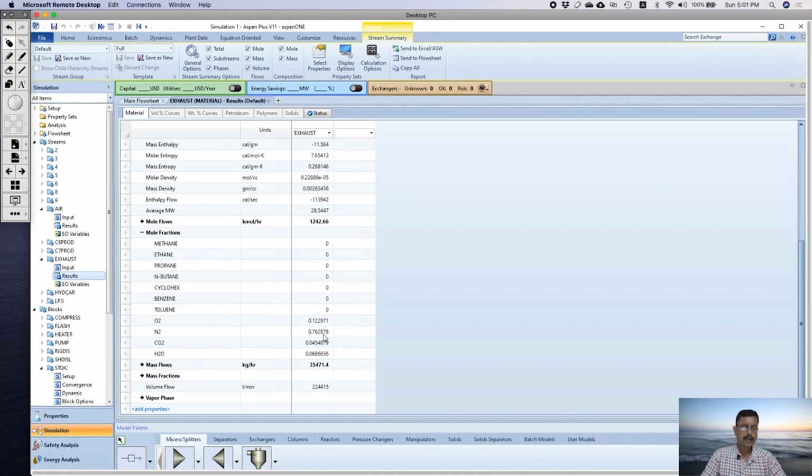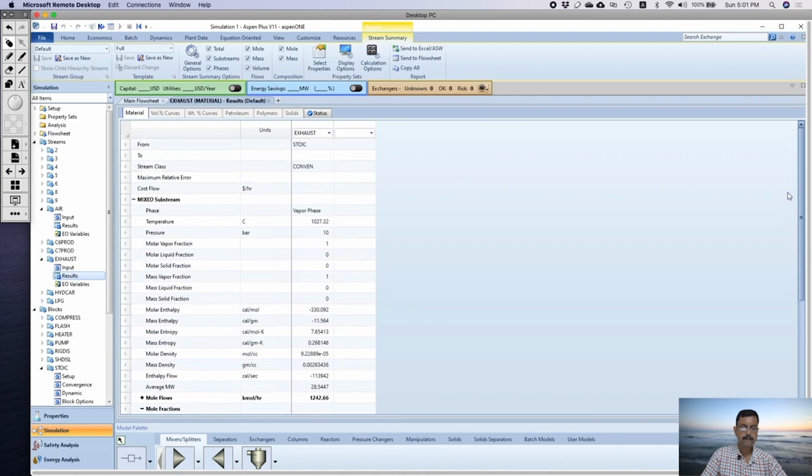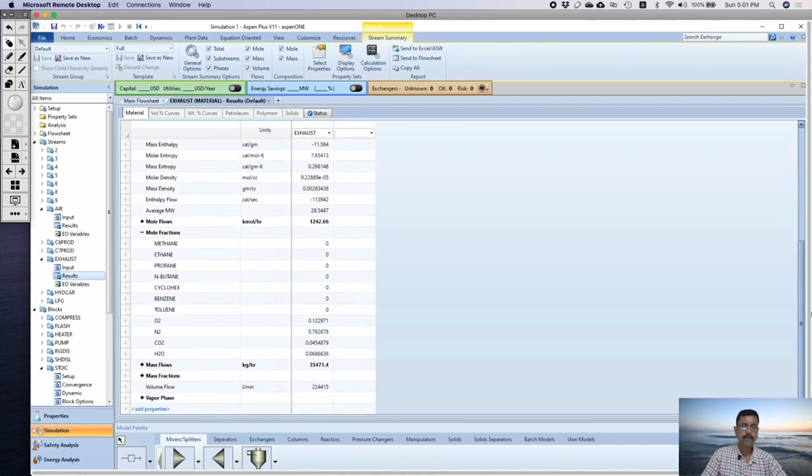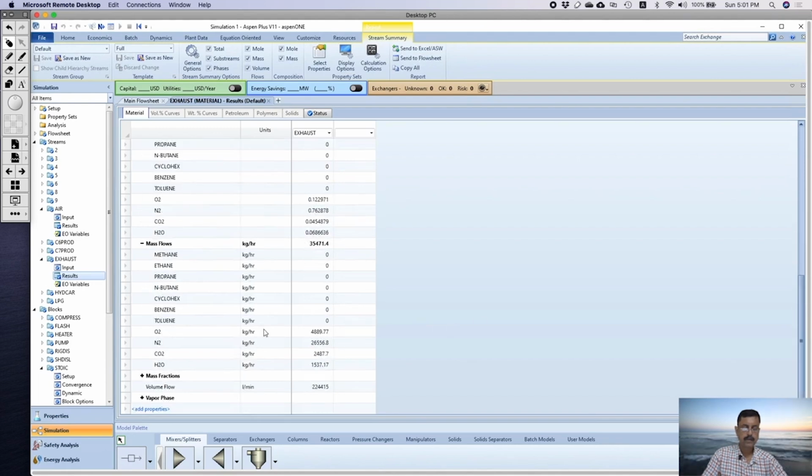If you see the mass fraction or mass flow rate, the role of nitrogen, you will see here, nitrogen 26556.8 kg per hour.